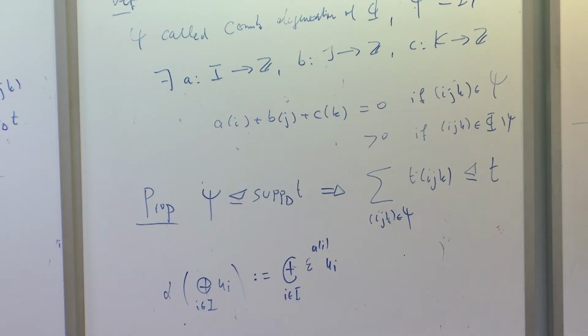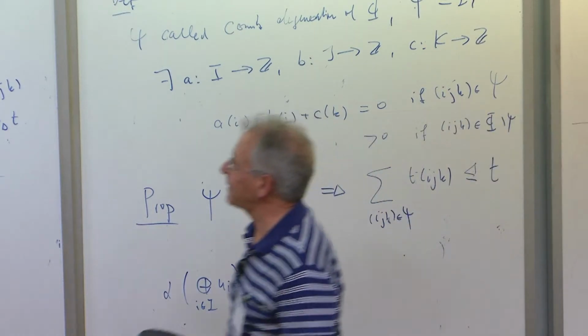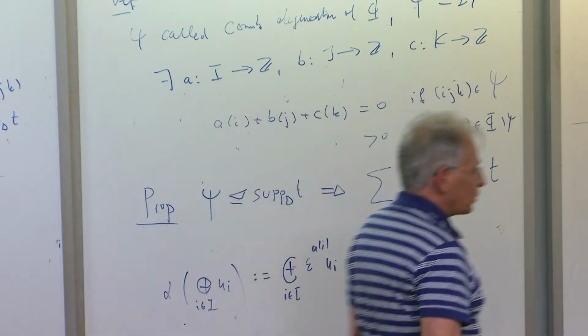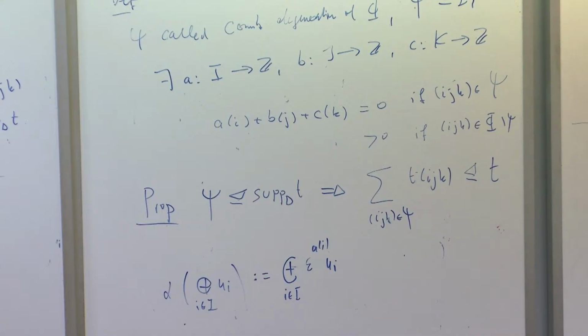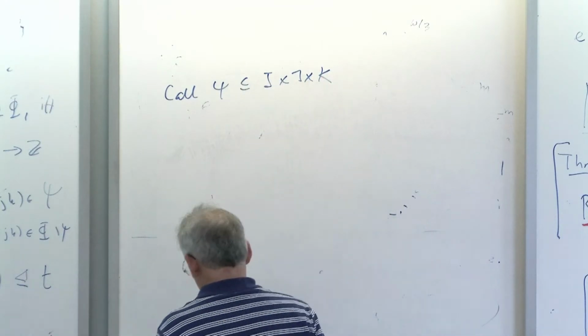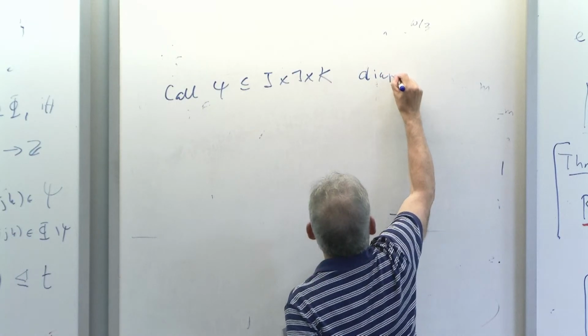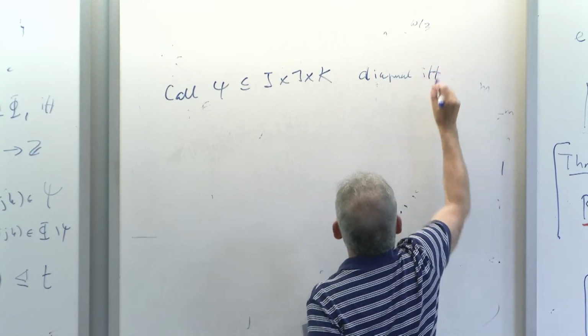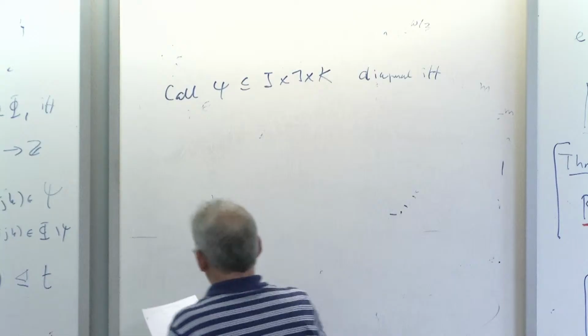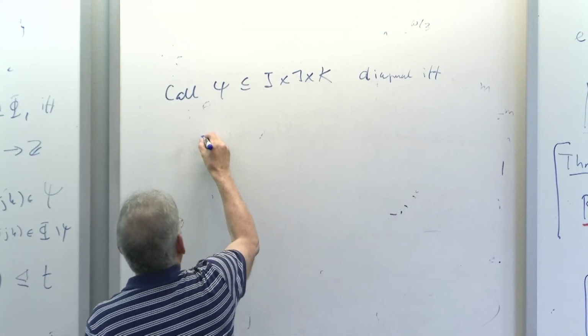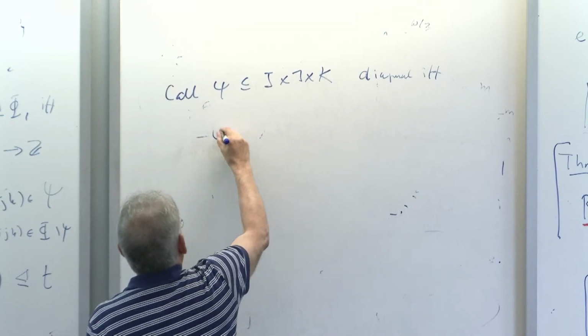So I said it, but I didn't write it. This psi should be a diagonal. What is a diagonal? Call psi, a subset of this, a diagonal if the projections onto the coordinates are injective.